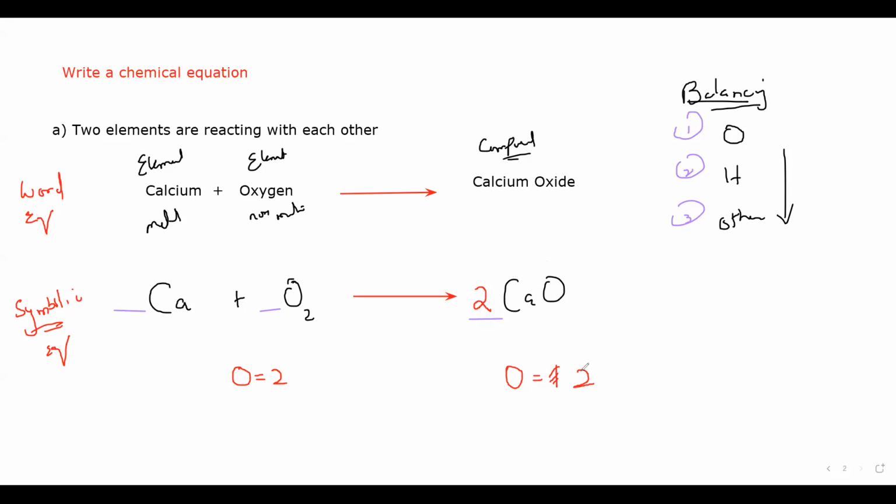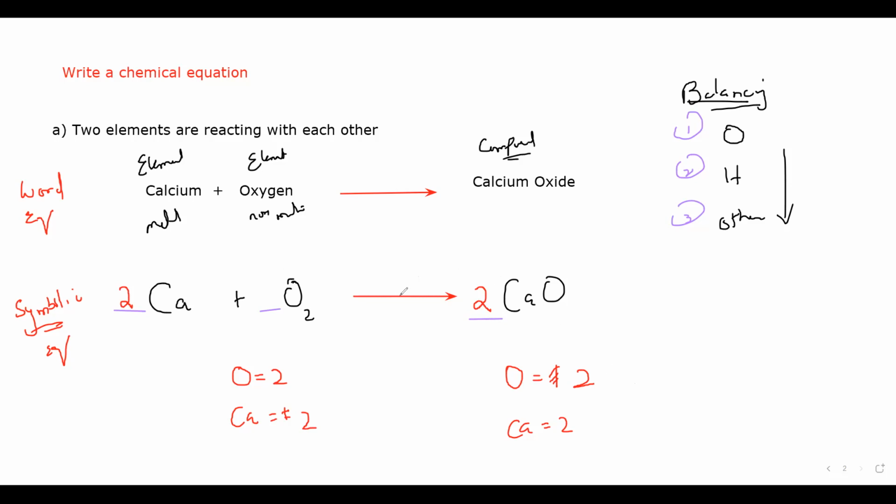So oxygen is balanced. Now when we check calcium, on the left hand side we have 1 calcium. On the right hand side we have 2 calcium. So I need 2 calcium on the left hand side. If I put 2 here, that makes 2 calcium on the left hand side and 2 calcium on the right hand side.